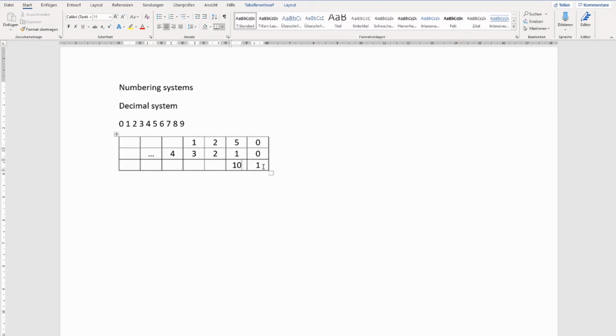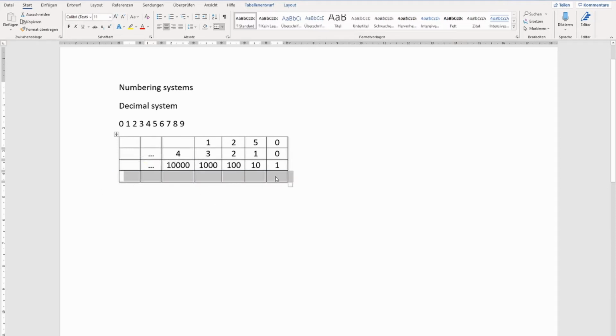Every time I count here, I have 10 more. How much worth is a digit at this position? It's 100. And guess what? Here it's 1000. And here it's 10,000. Every time times 10. That's how much a digit at this position is worth.